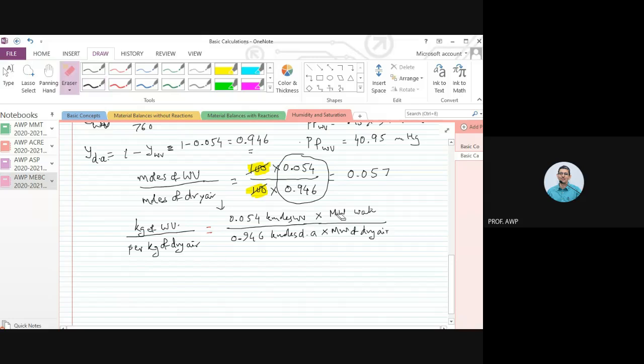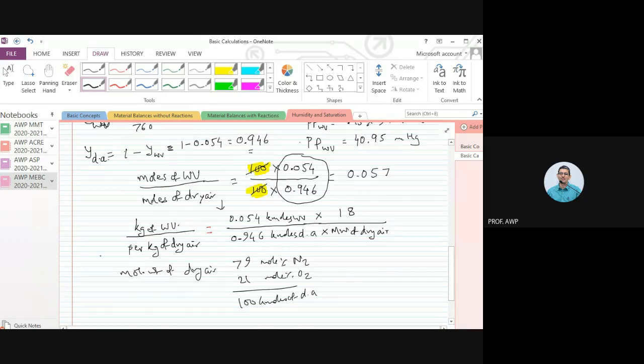The molecular weight of water is straightforward, 18. Molecular weight of dry air: that is 79 mole percent nitrogen, 21 mole percent oxygen. So if I take 100 kilomoles of dry air, I'm taking a different basis to calculate this molecular weight.